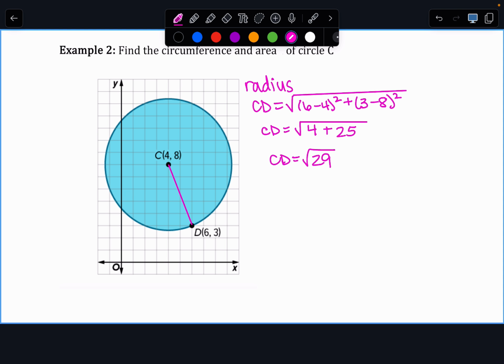So now we're going to have to multiply that. All right. Okay, so circumference.